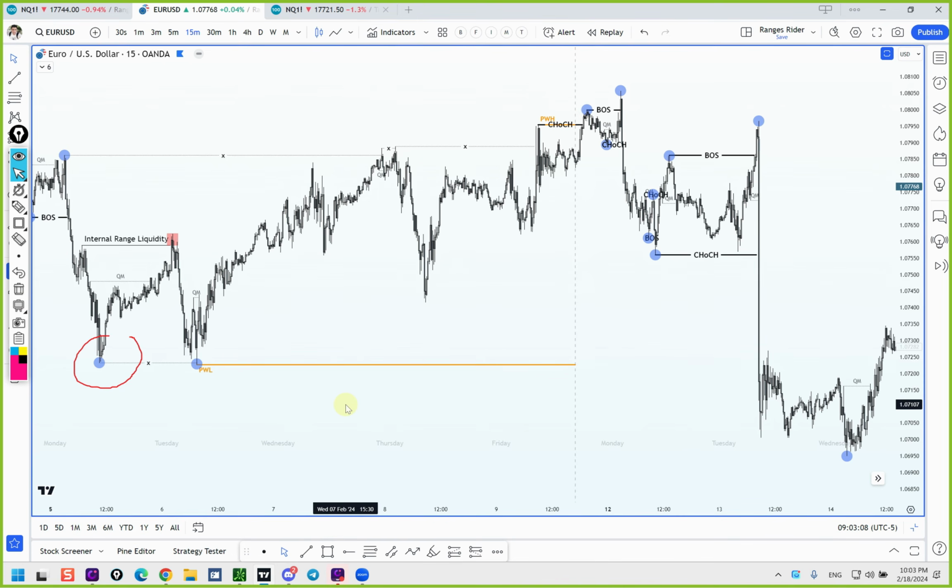So that QM, part of the three elements of a QM is that there will be a liquidity grab before it takes the previous high that confirms the valid break of structure. Now, is there a liquidity grab on this low?